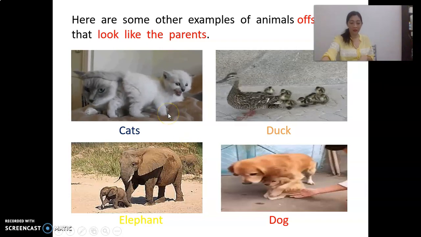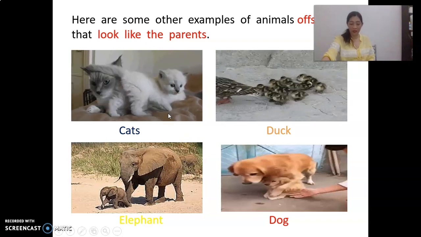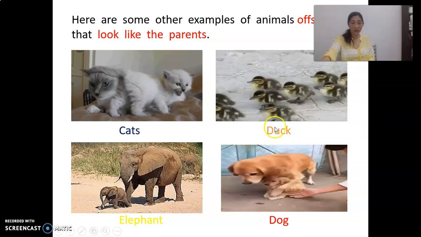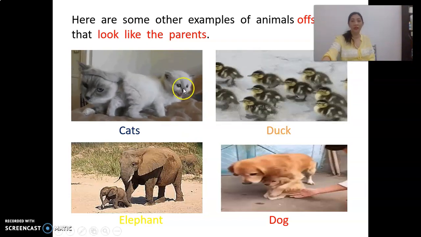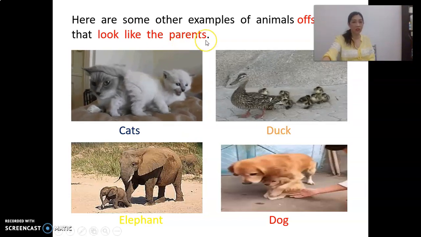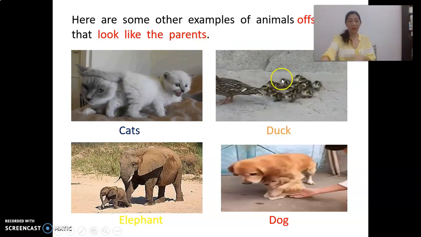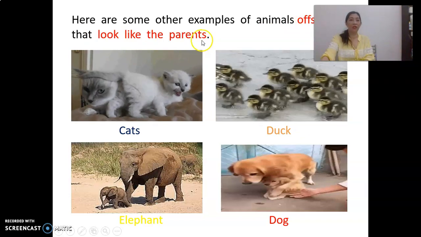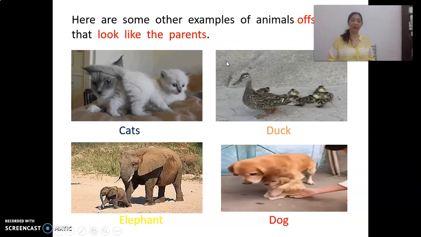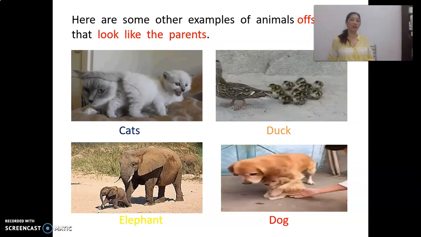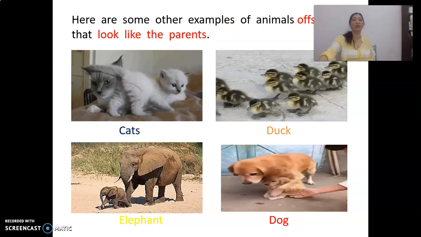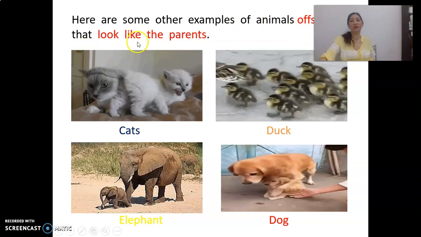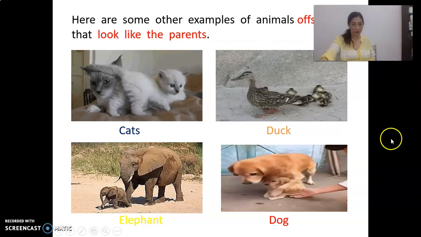Then duck, then horse. Sheep is offspring that looks like its parents. There are so many animals whose offspring look like the parents. Lion, tiger, or elephant, the offspring looks like its parents.